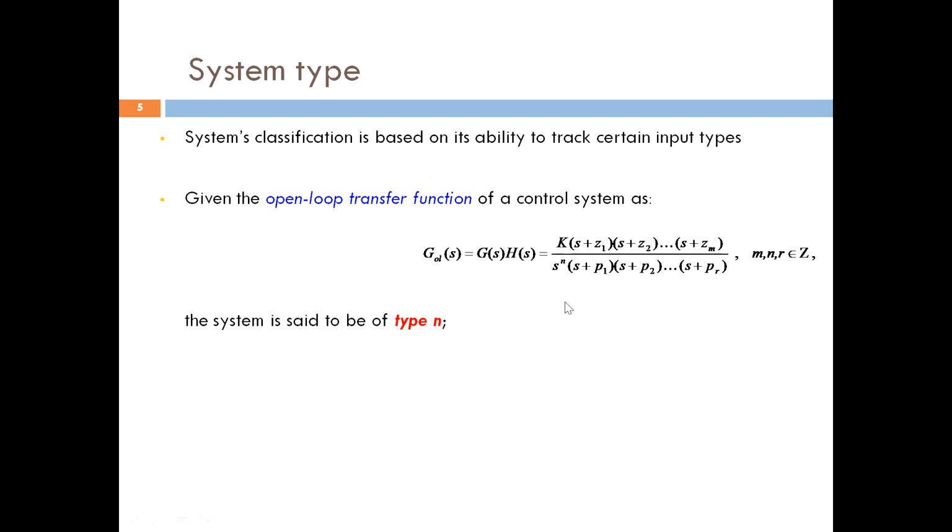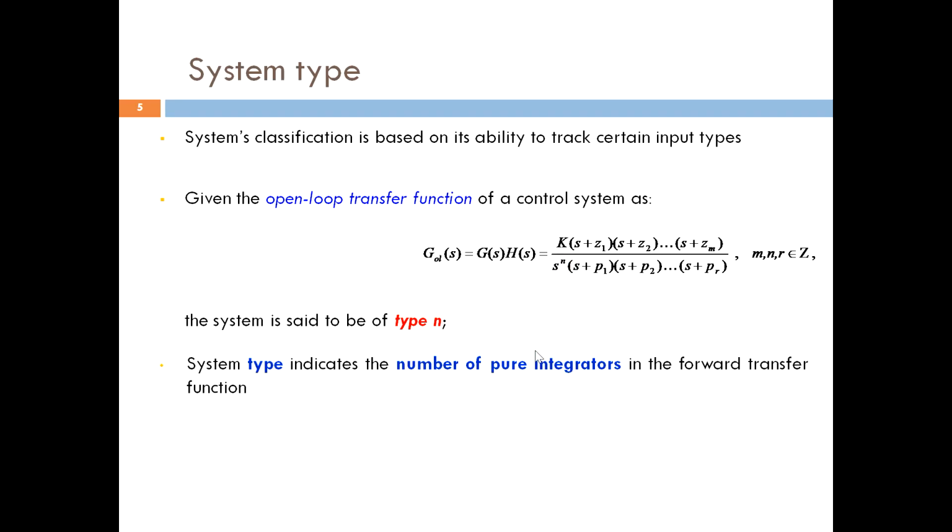And we say that a system is of type n, where n is the power of s that is appearing in the denominator. Okay, so a system open loop transfer function may have 0 or any number of s's in the denominator, and these are referred to as pure integrators.